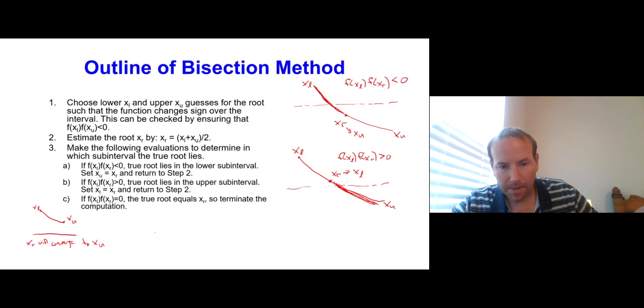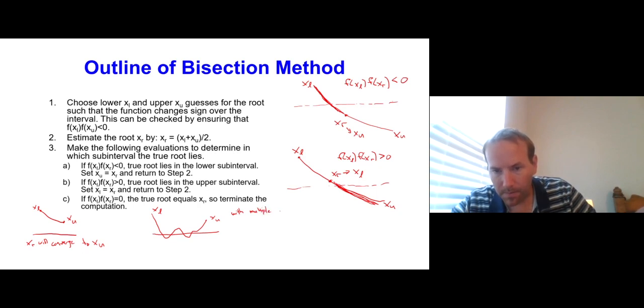And the other case is what happens if there are multiple roots. Okay, and then with multiple roots, XR will depend on the shape of f.